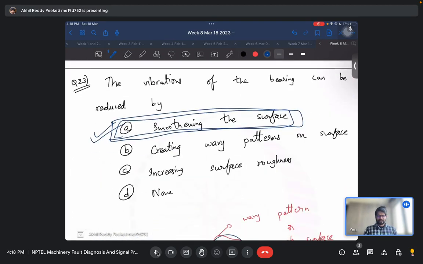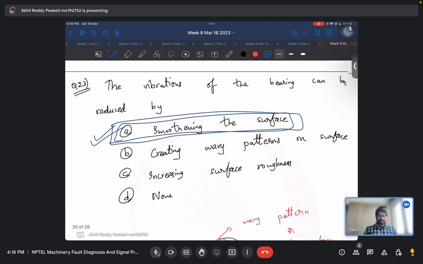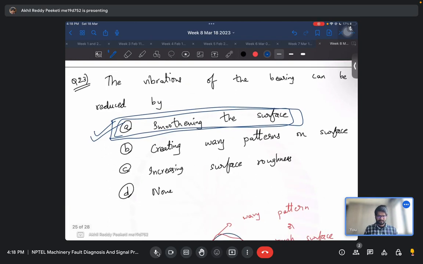Now these vibrations at the bearings are created due to wavy patterns on the surface of the bearings or due to surface roughness. If you smoothen the surface, you can reduce the vibrations of the bearing.